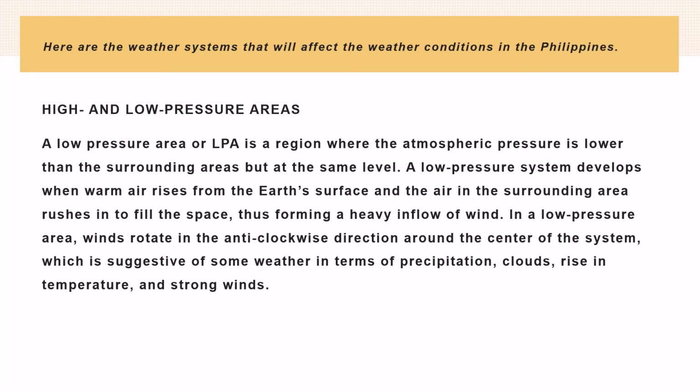In a low pressure area, winds rotate in the anti-clockwise direction around the center of the system, which is suggestive of some weather in terms of precipitation, clouds, rise in temperature, and strong winds.